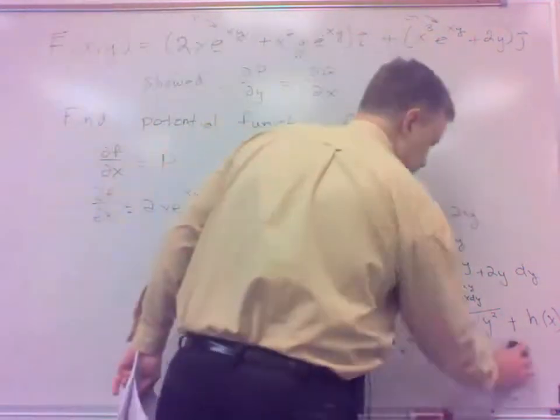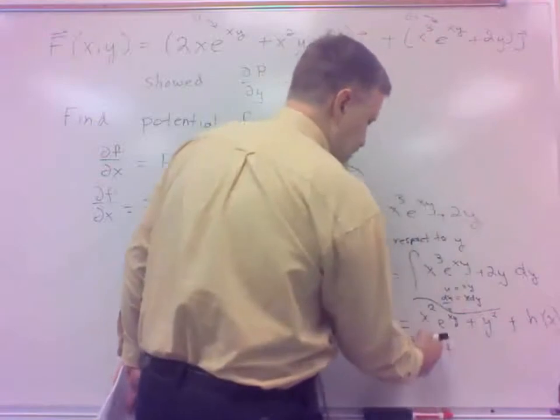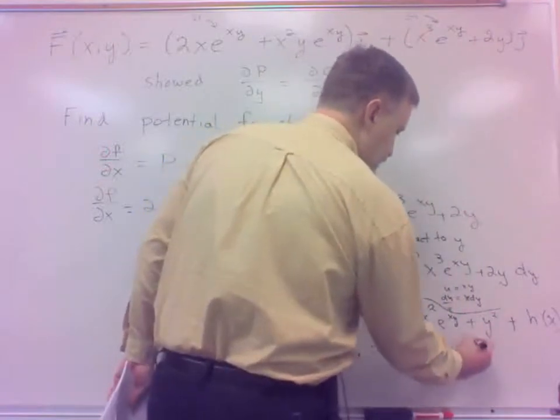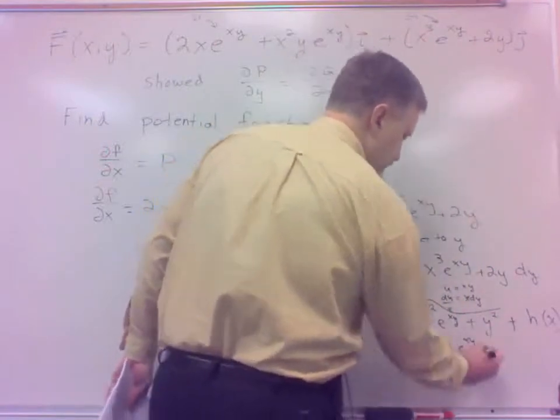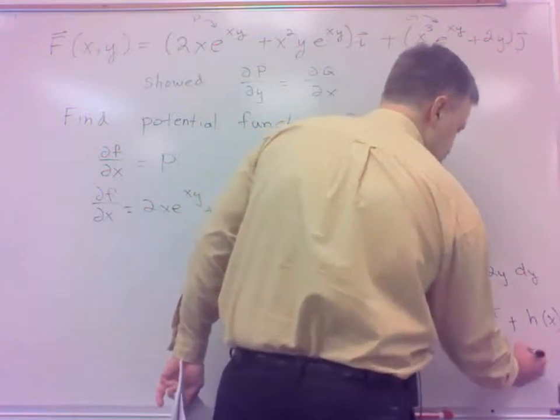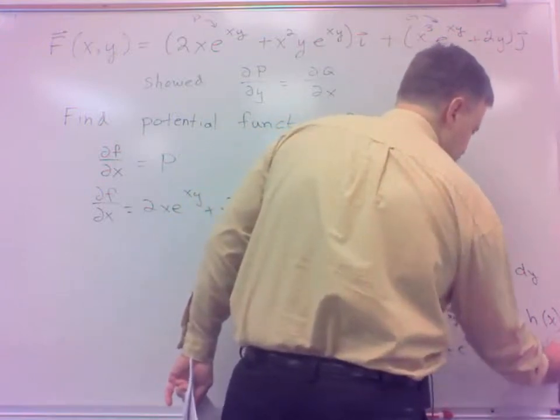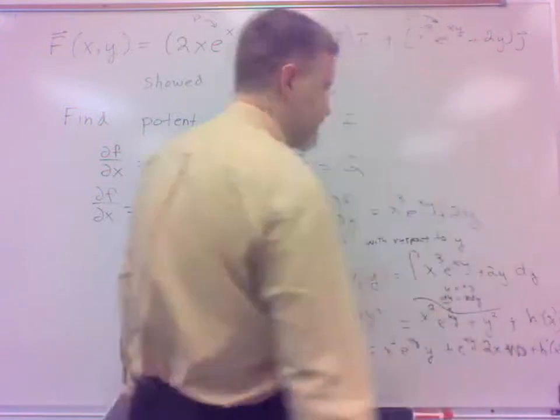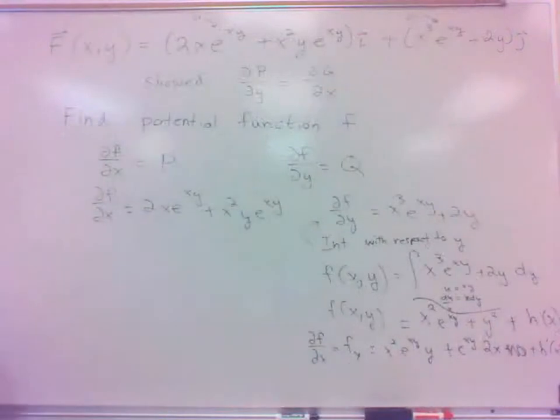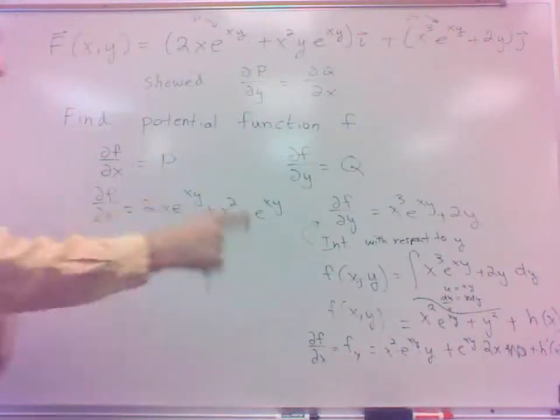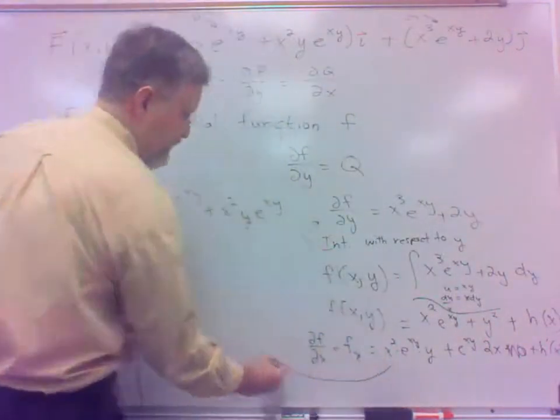Didn't I? So that would be e to the xy times the derivative of x squared, so it's 2x, plus h prime of x, yeah. This part's 0. Okay. Yeah, that's much better because now we know that this then has to equal this, doesn't it?